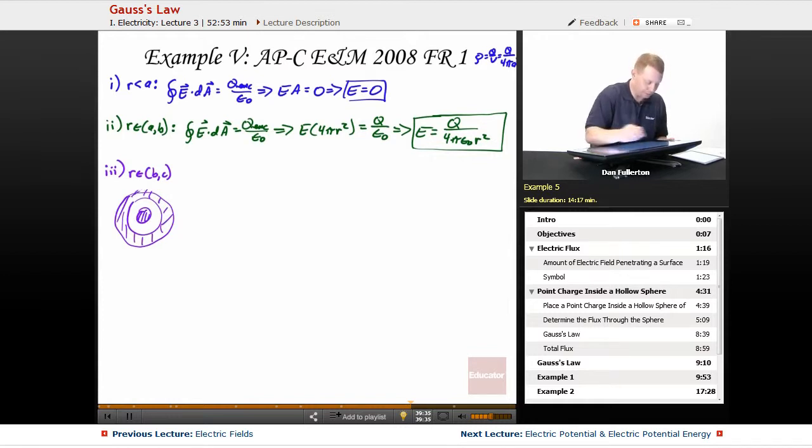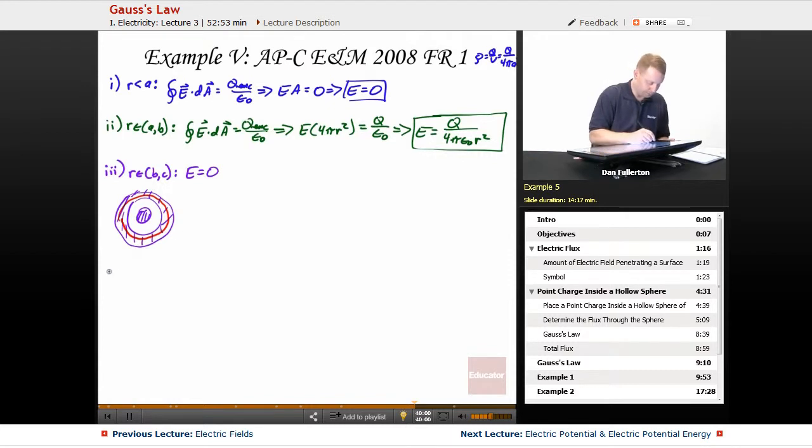Now we want our R somewhere in this region there in red. We can do that easily in a couple of ways. We know already, since this is plus Q here and minus Q on this surface, our total enclosed charge is 0. Therefore, the electric field is going to come out to be 0. Or once again, we're inside a conductor at this point, so the electric field must be 0. Straightforward.